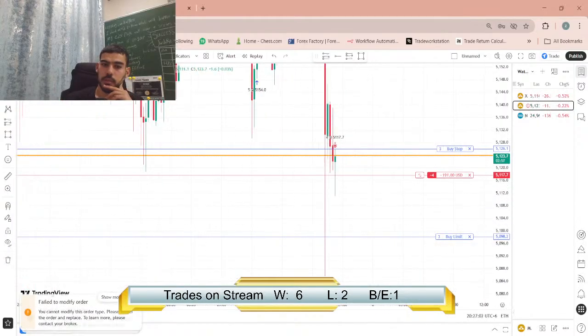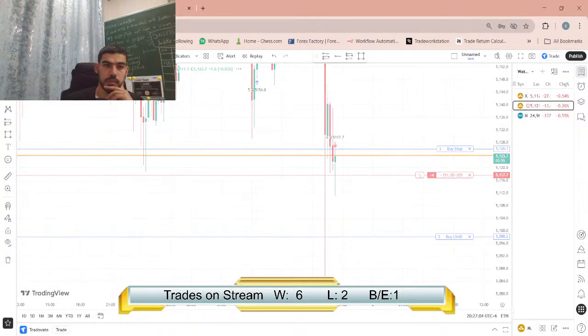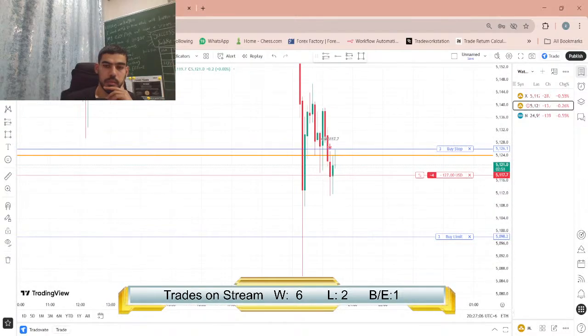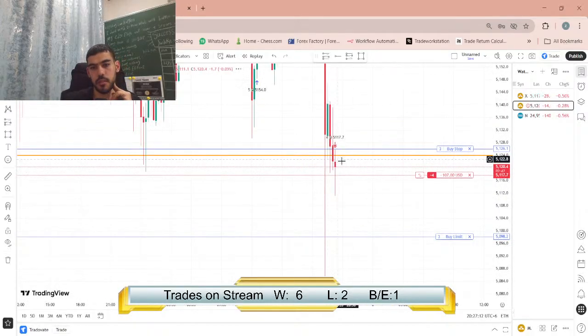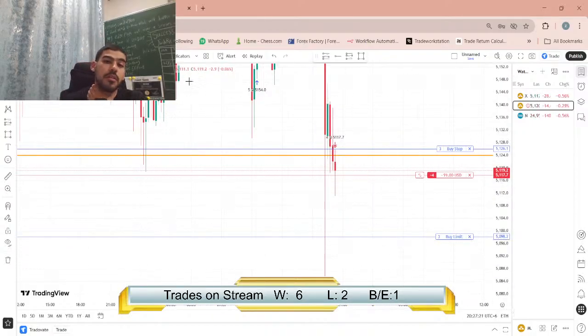Alright, so I think maybe it's going to hit it now, because this doesn't make any sense actually. It's been in this area for about 15 minutes. Oh, it's waiting for the 30 minutes. In 3 minutes we have a huge amount of volume coming from New York.